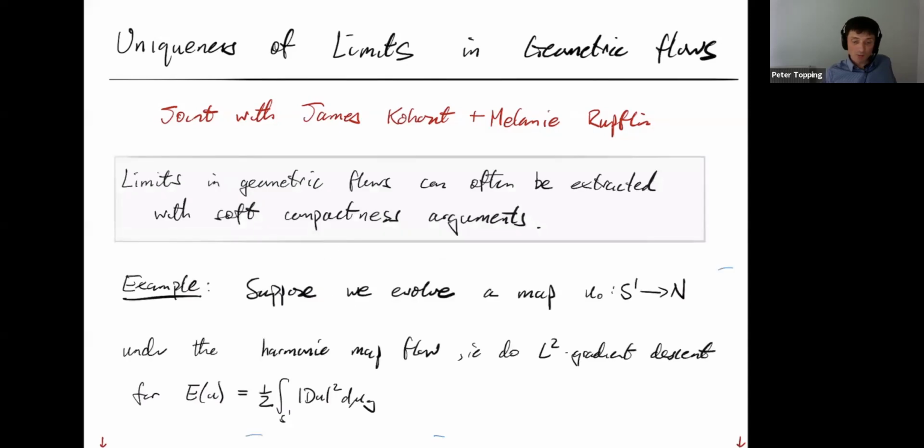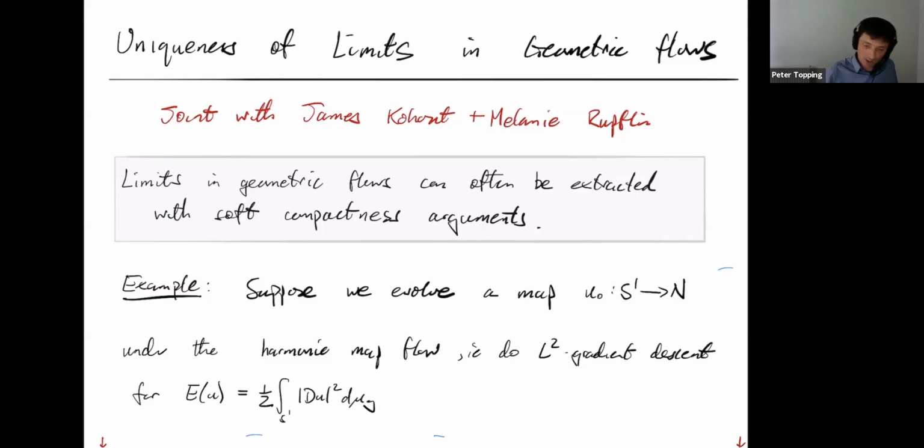Okay, so as I said in the abstract, limits in geometric flows can often be extracted with soft compactness arguments. So what do I actually mean by that? I thought I'd start off by giving you a very simple example where that happens, but already something interesting can occur.